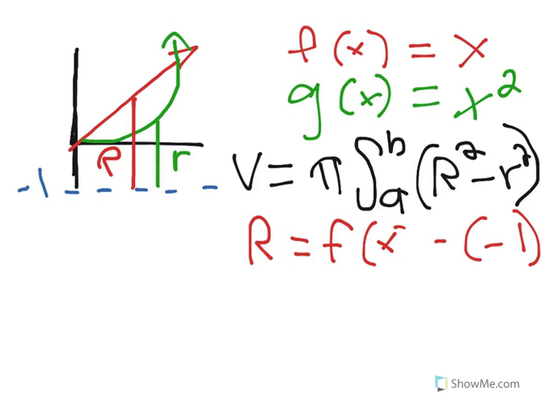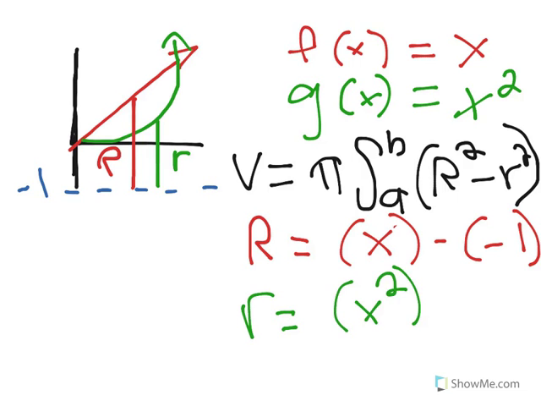Instead of f of x, I will write in the equation right now, which is x minus -1. I do put it in parentheses because equations do change and it could become tricky. Similarly, little r is g of x, but I will write down the equation, x squared minus -1. Alright, and I will fill this out on the next page.